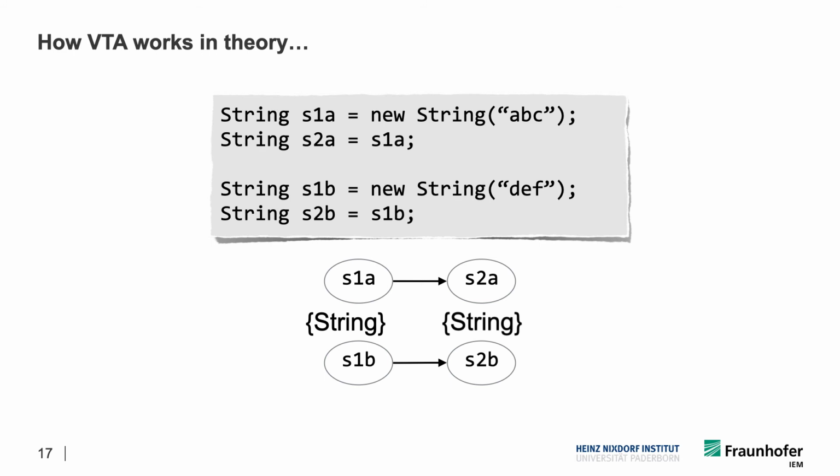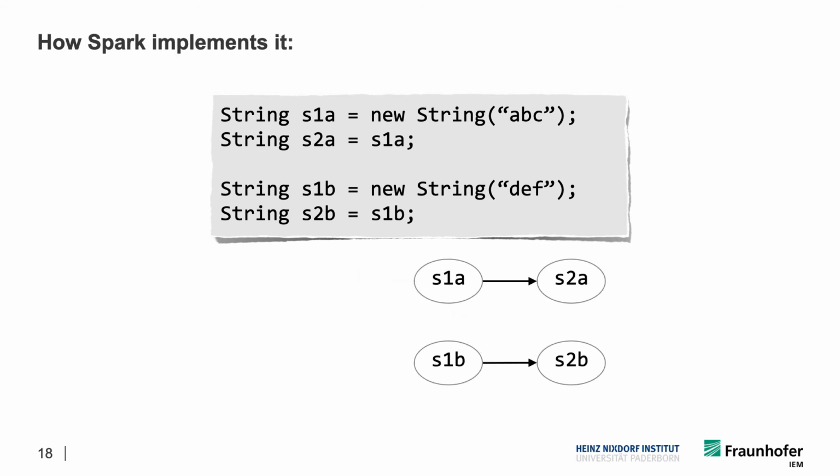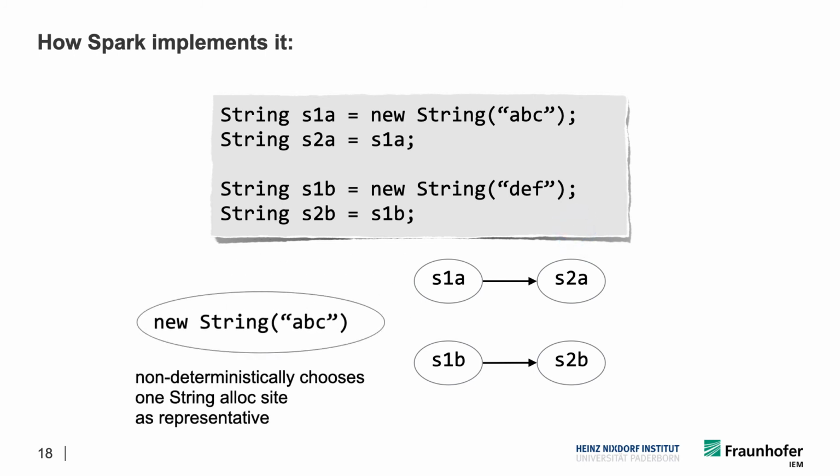But now the interesting thing is how Spark actually implements this, because Spark, in order to represent this type, will non-deterministically choose any of these string allocation sites. Could be any of those two, could also be a totally different string typed allocation site in the program. That's the representative for this type.